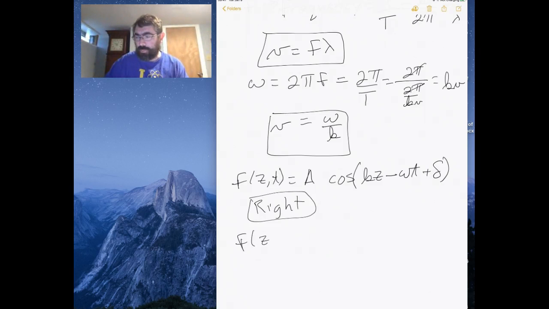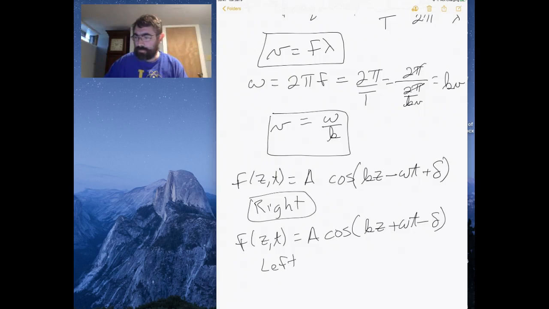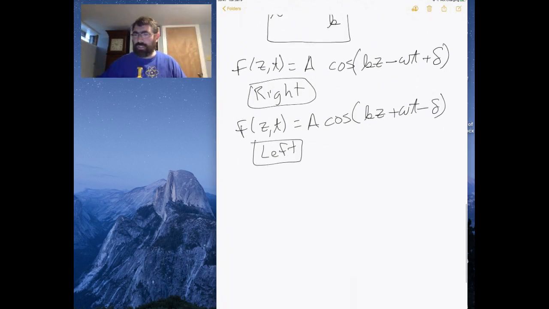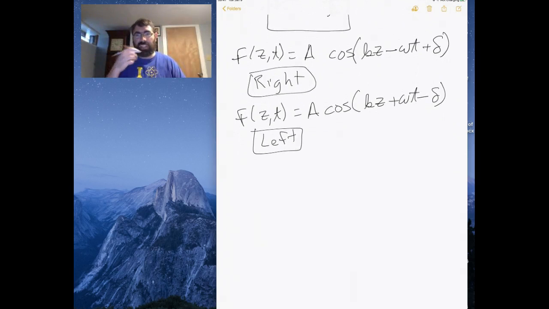This would be a wave traveling to the left, like so. Now, the interesting thing is that the cosine is an even function, so the cosine of a negative is equal just to the cosine of that angle.